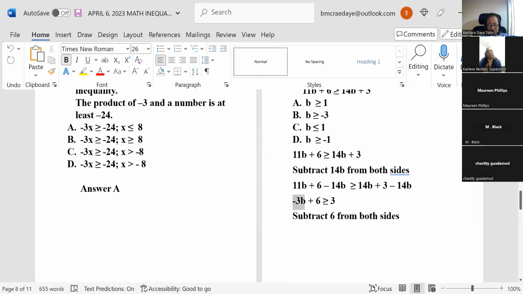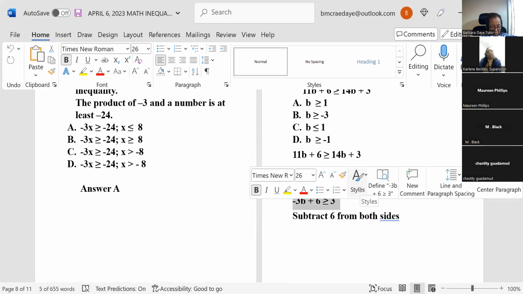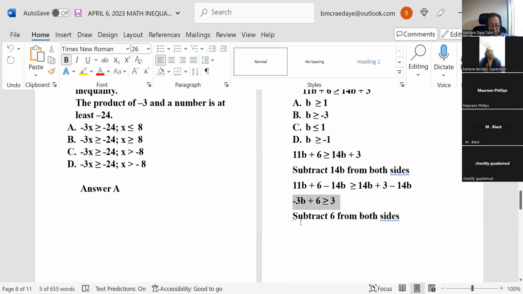All right, let's do that operation. With 6, subtract on the left and on the right. So minus 6, and on the right, minus 6. So Maureen, what do we have on the left side? 3b.